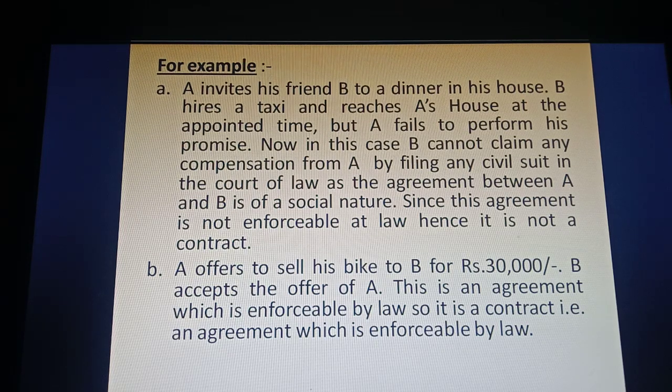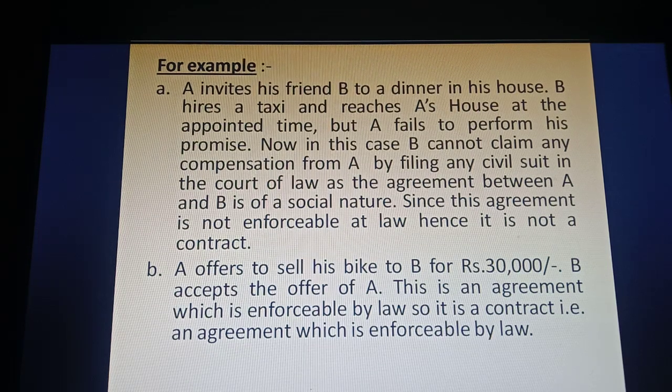But A fails to perform his promise. Now, in this case, B cannot claim any compensation from A by filing any civil suit in a court of law, because the agreement between A and B is of a social nature.